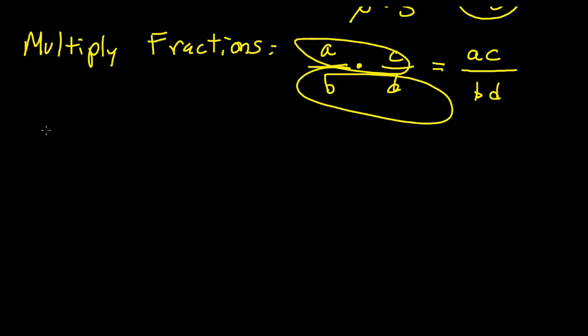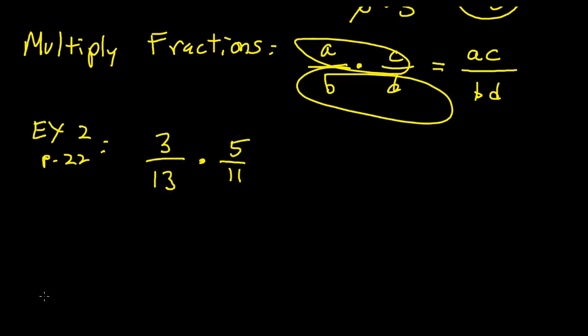Let's look at example 2. In our text, this is on page 22. And this is, let's see, 3/13 again, multiply and simplify. 3/13 times 5/11.